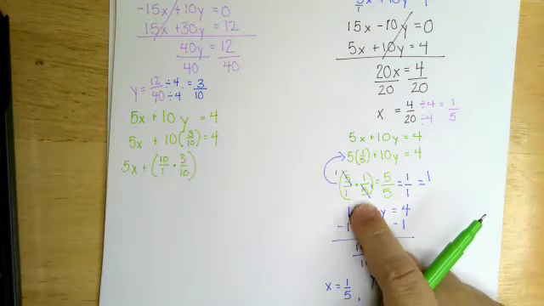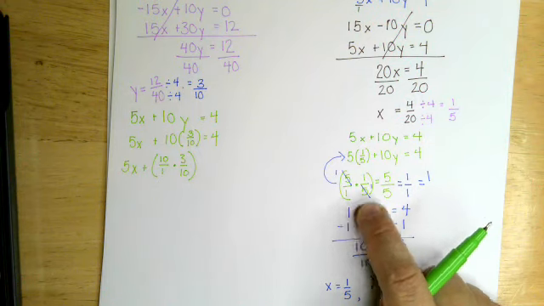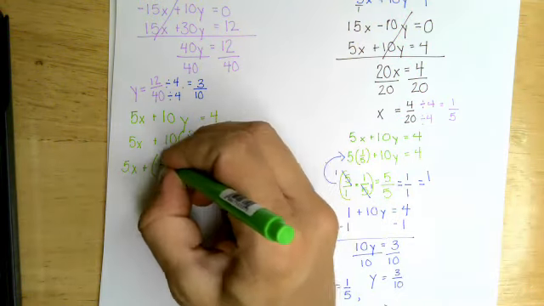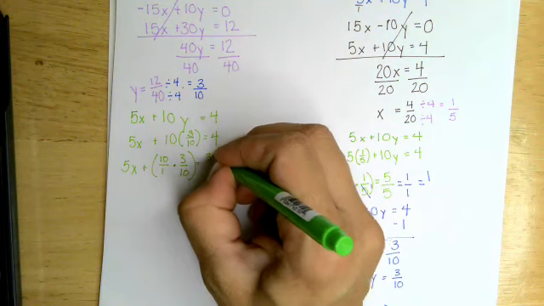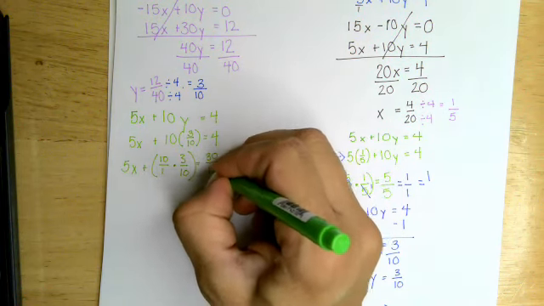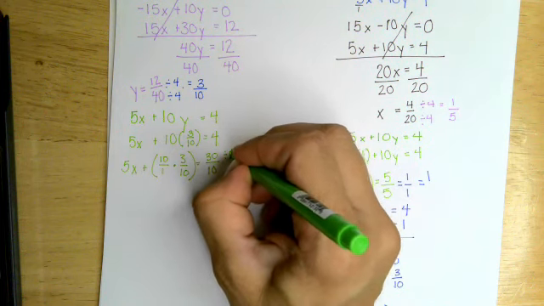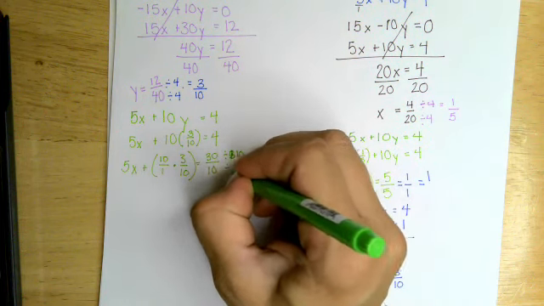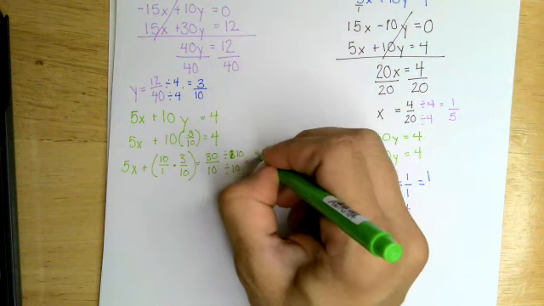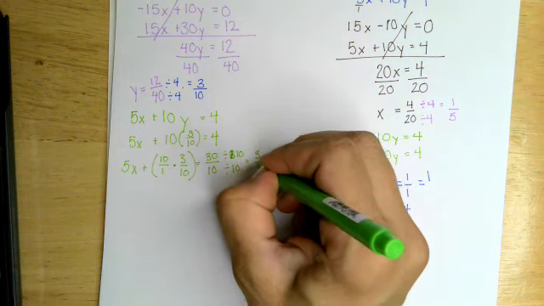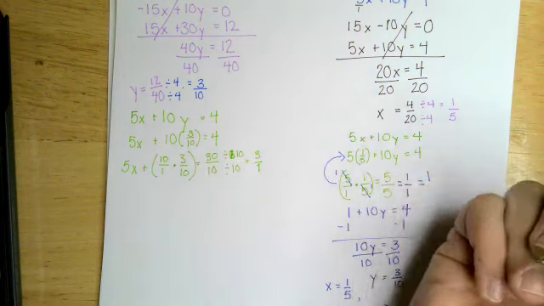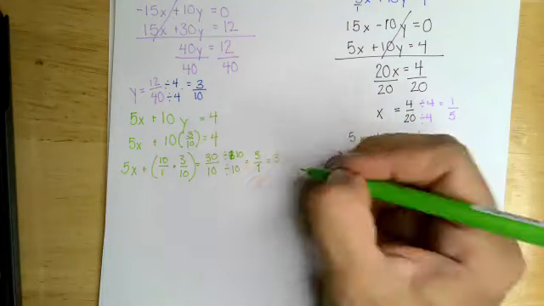We can simplify it like we did, the 10 and 10 become 1. Or we can just say 10 times 3 is 30, 1 times 10 is 10, and then divide them both by 10. 3 over 1, which is 3.